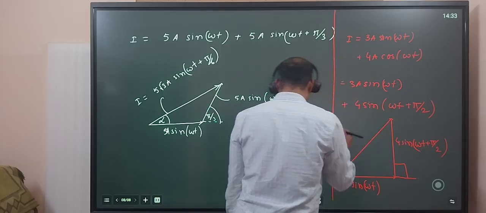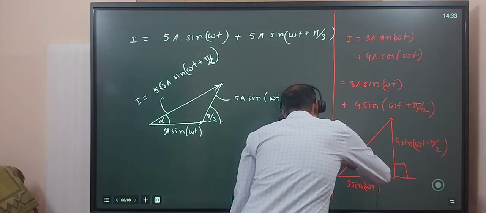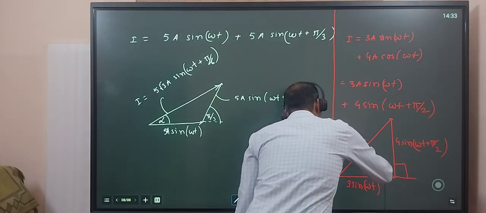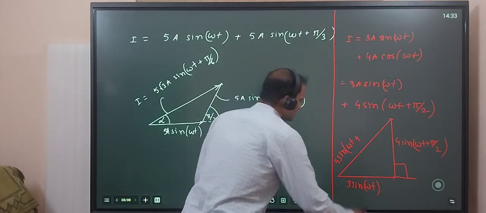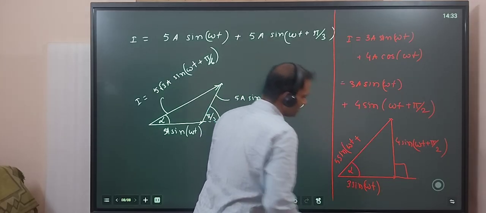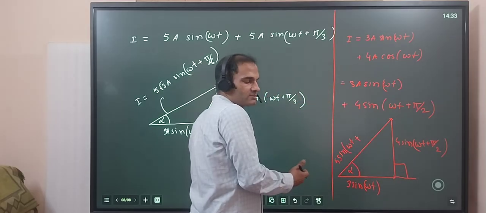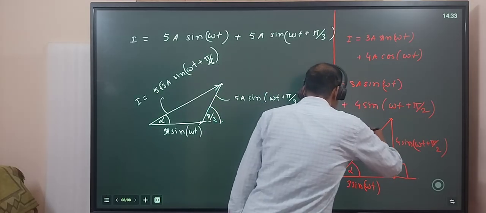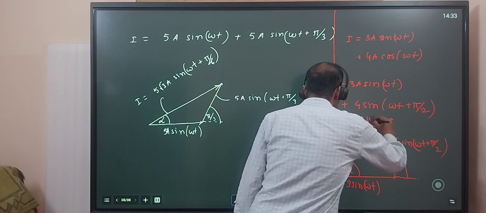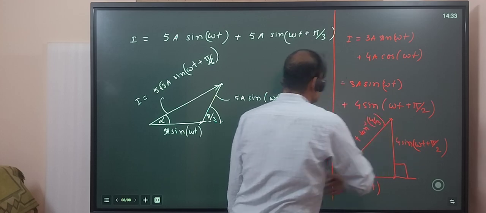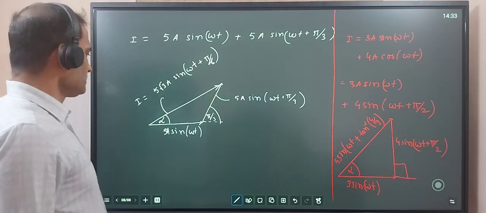When the angle is 90 degrees, our job is easy. So this will be 5 sine omega t plus this angle alpha, which is clearly tan inverse 4 by 3. So we can add it easily, right?